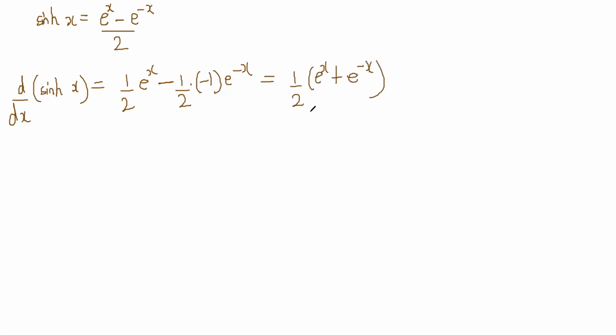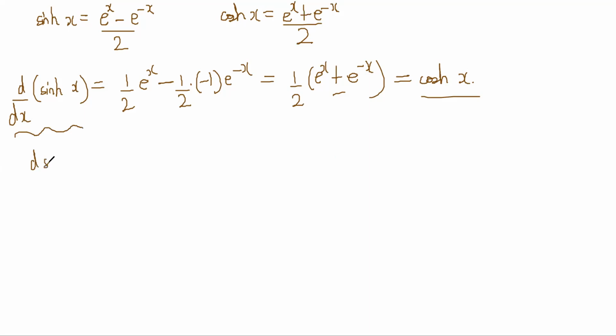Now this is cosh x, because the definition of cosh was that, e power x plus e power minus x by 2. So the derivative is a little similar, because normally d by dx of sin x is cos x, and here also it is working out like that, right? Correct. So then what else is there?